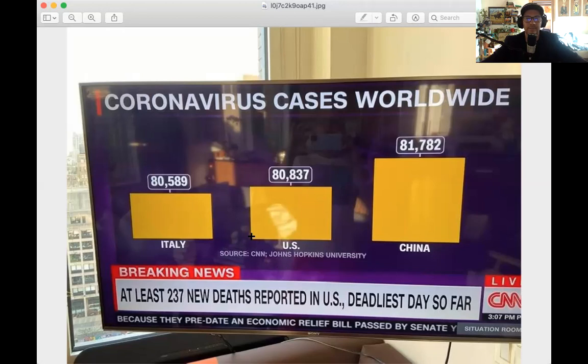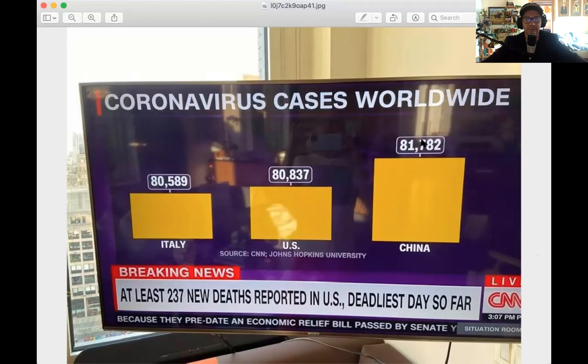Anyways, again, a very common issue is where is the 0 axis? So here we don't even have the 0 showing, and that's not necessarily a bad thing as long as we can imply that this is truly 0. Because if you look here, Italy has 80,500, right? The US has, it looks like slightly more, 80,800.